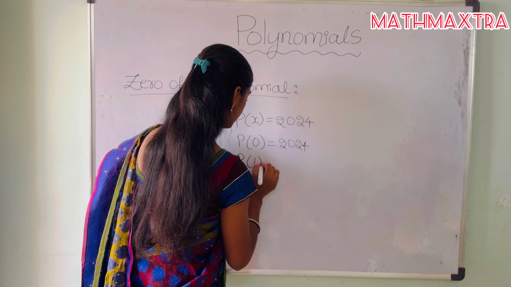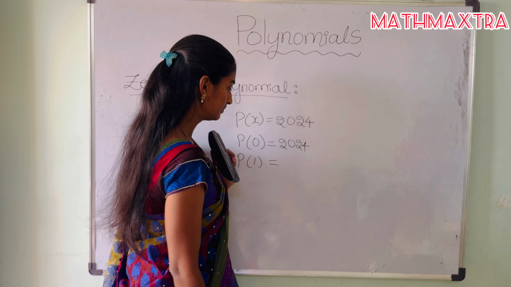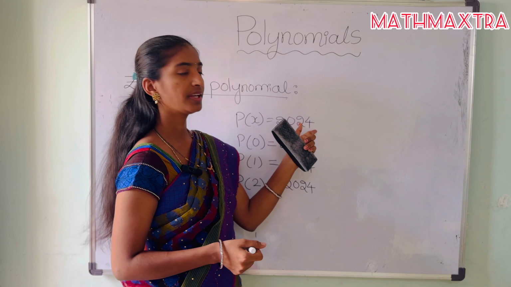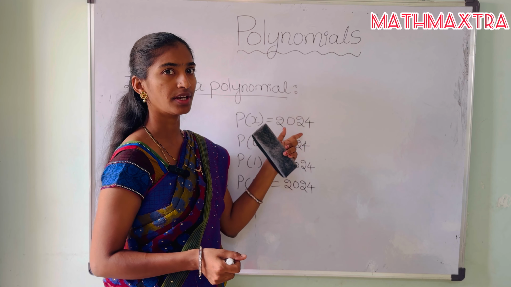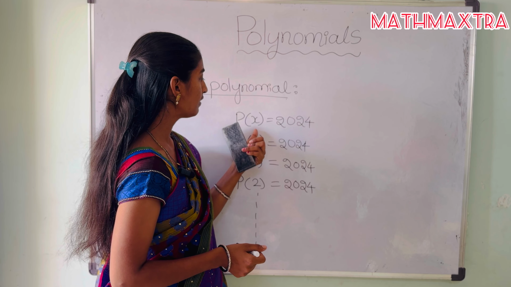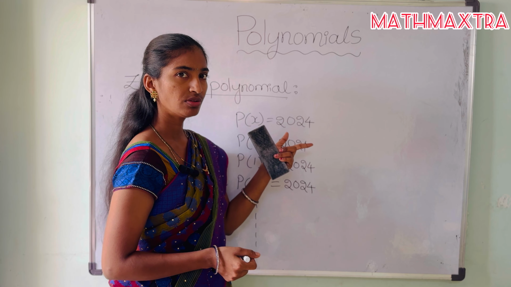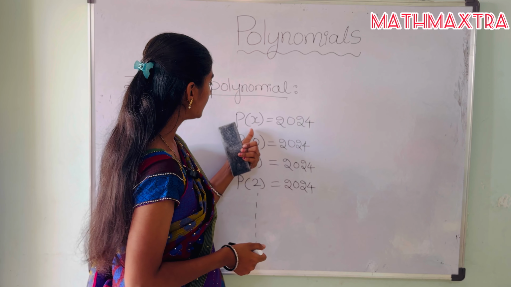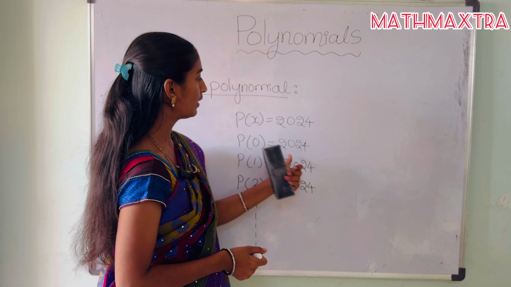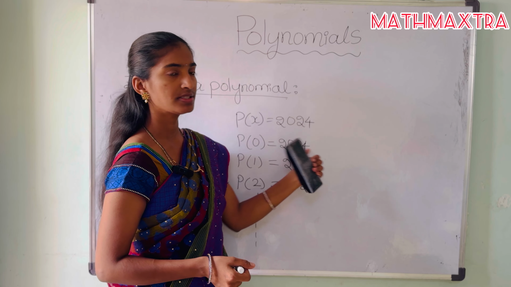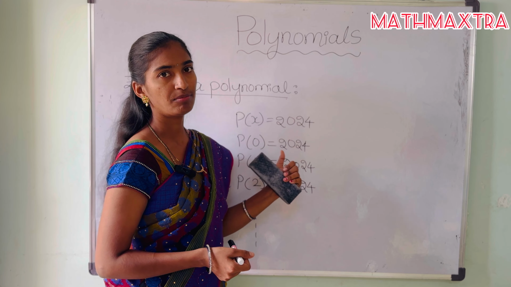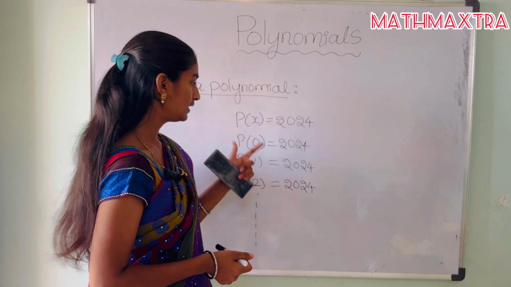If I take the x value as 1, we don't have any variable in this polynomial, isn't it? Even if you substitute any value of x, will it become 0? No, right? Because see, if you take x is equal to 0, what happens? As there is no x, the value remains the same, which is 2024. It doesn't change.